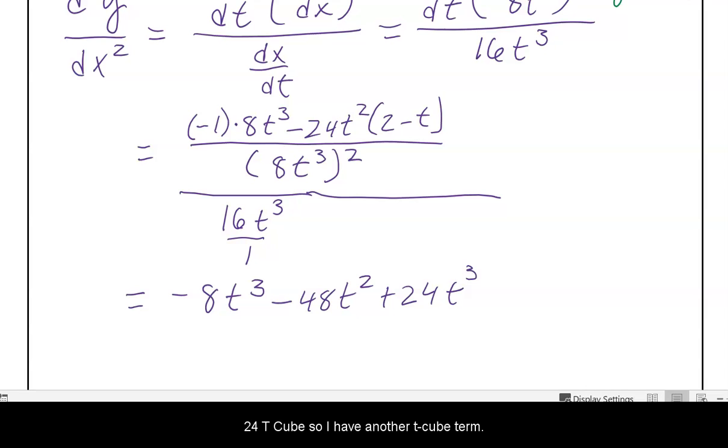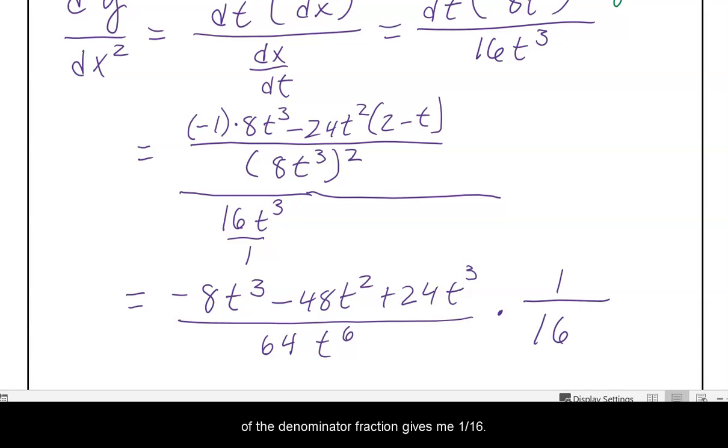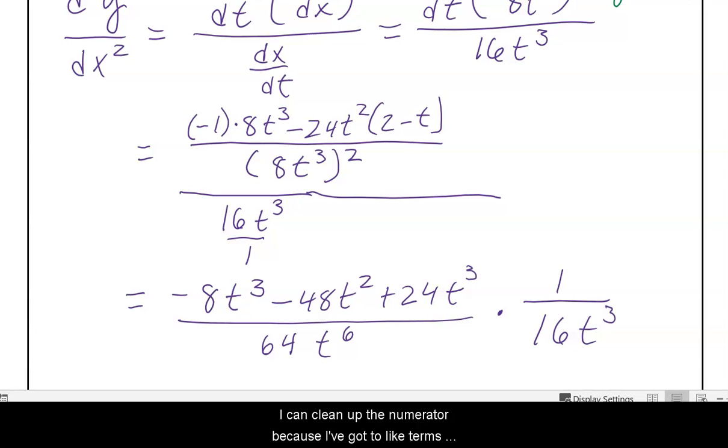So I have another t cubed term over, and then I've got 64 because it's 8 squared, t to the 6th. And then multiplying by the reciprocal of the denominator fraction gives me 1 over 16t cubed. Now, I can clean up the numerator because I've got two like terms, negative 8t cubed and plus 24t cubed.